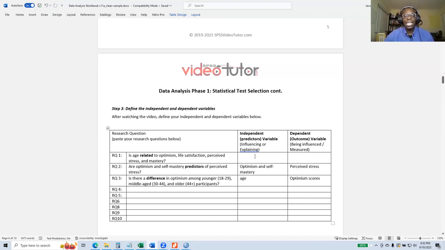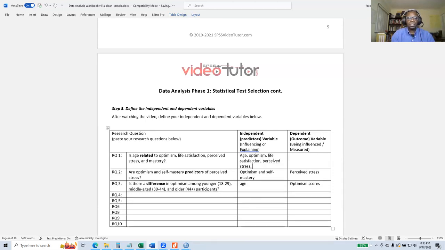So whenever you have a relationship question, we don't have a dependent variable. We just have independent variables. So we're going to say age, optimism, life satisfaction, perceived stress, and mastery. Because what we're saying here is that as age increases, there's going to be some relationship between optimism scores.